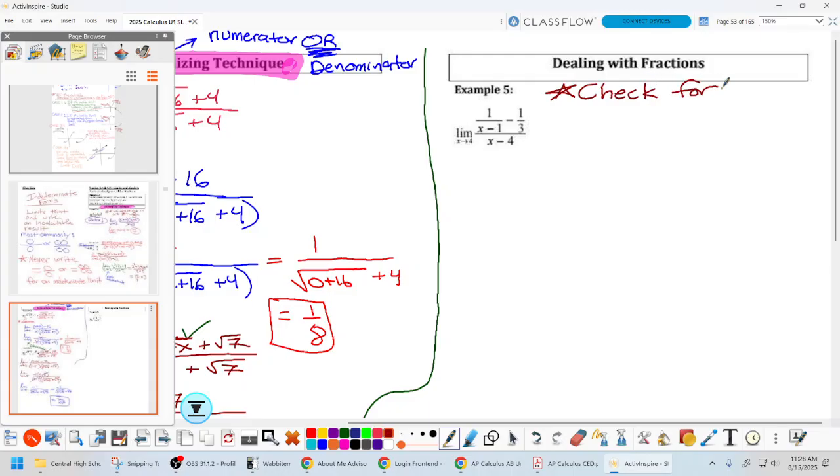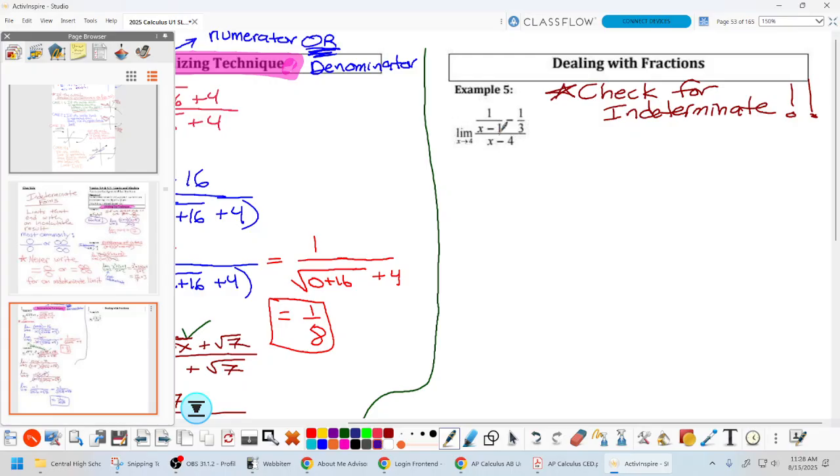You don't necessarily need to write it all out, but most of the time it's just a visual check. So, yes, it's indeterminate, otherwise we wouldn't be writing it here. I think you had one on your homework that was not, though. Or maybe two. Did anybody catch that? There was one that didn't exist. No, I'm saying, I think one of them was not indeterminate, but I don't remember. So, just always check for that.